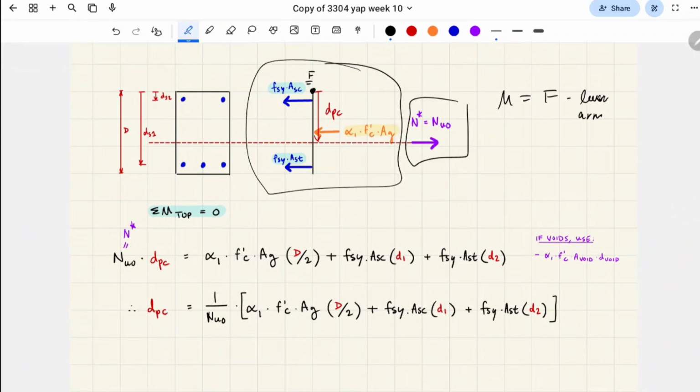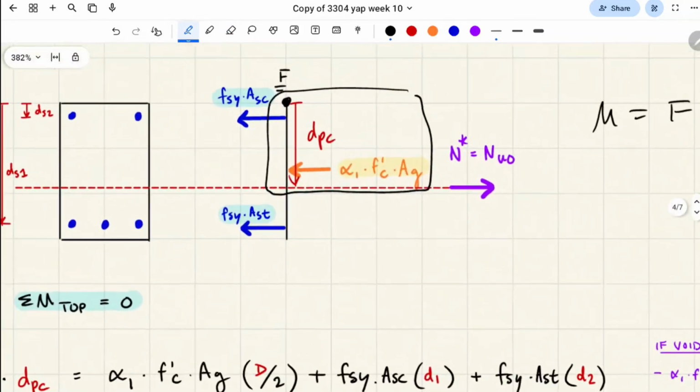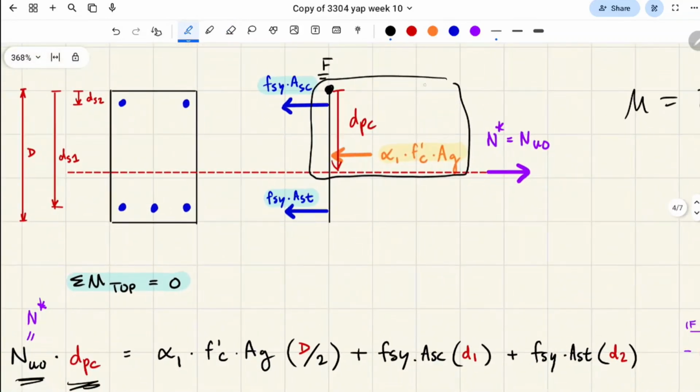So basically we look at our force diagram. Let's look at the left-hand side. The left-hand side is N-star multiplied by DPC. So that's that purple force multiplied by that red line. The right-hand side is everything here. So we have, let's do the concrete first. The concrete, the lever arm is half of the depth, right?